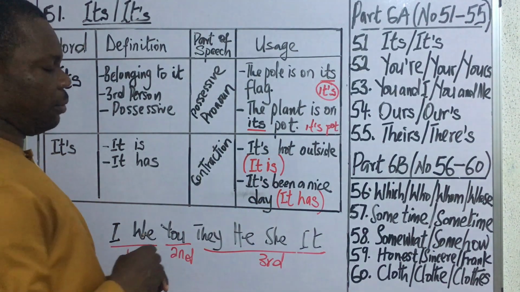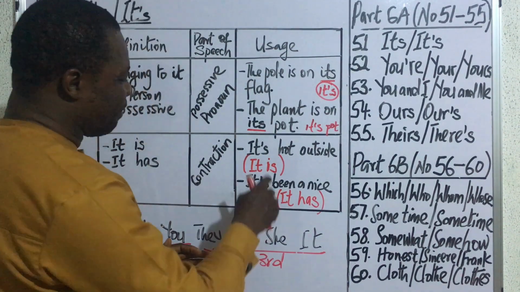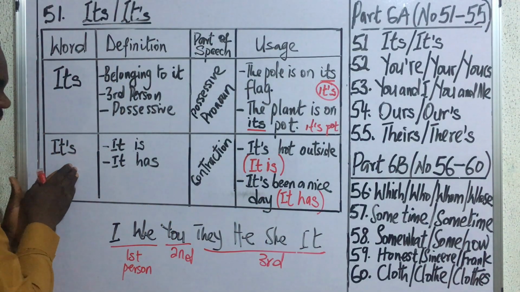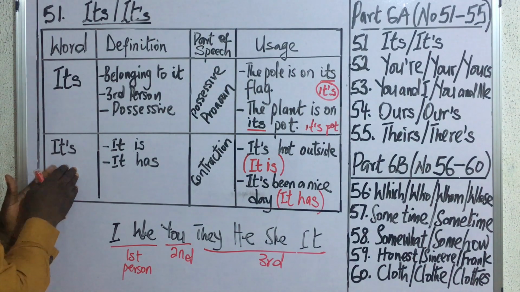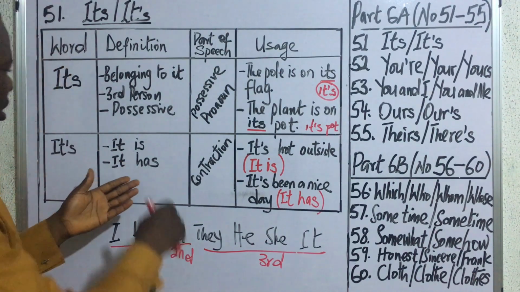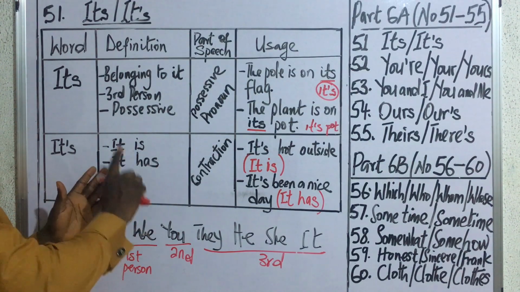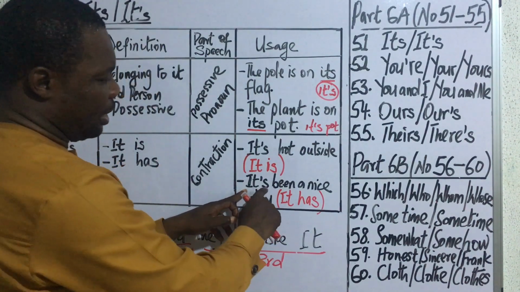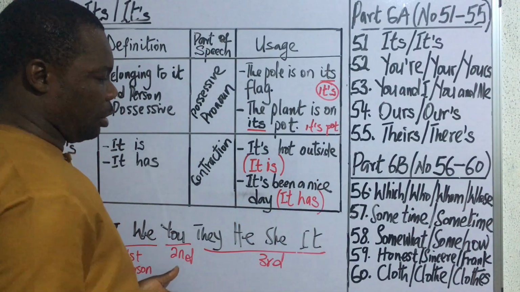You have to be very careful in decoding the meaning of these words in written form, that is in expressions. When you have it's, you have to be very careful to know whether it is referring to it is or whether it is referring to it has. But in this case, you cannot say it is been a nice day. No, it doesn't work.